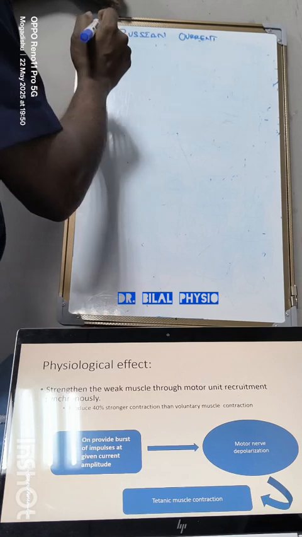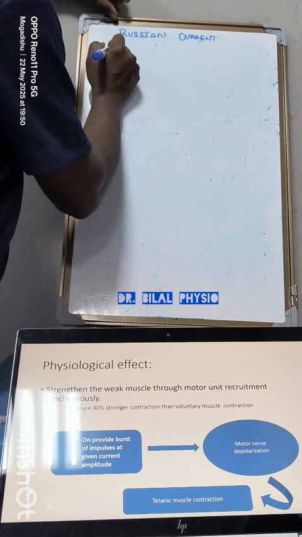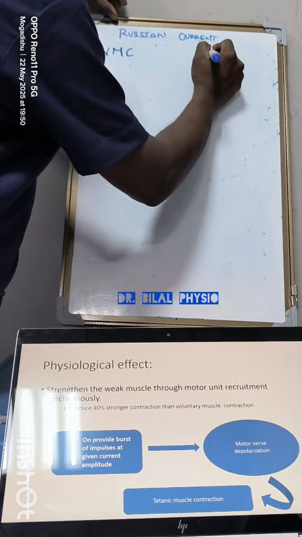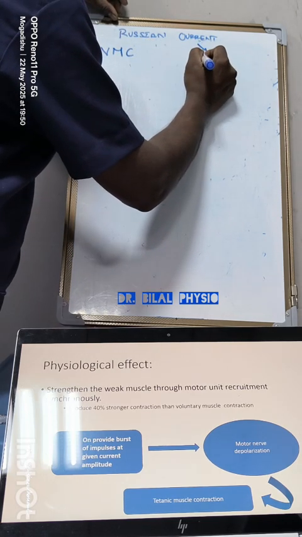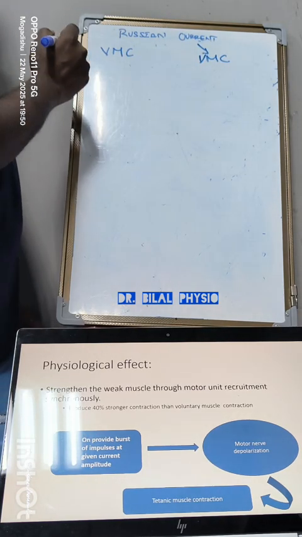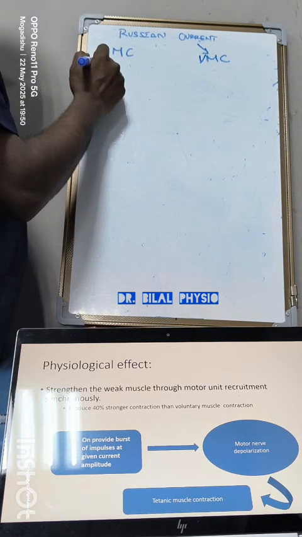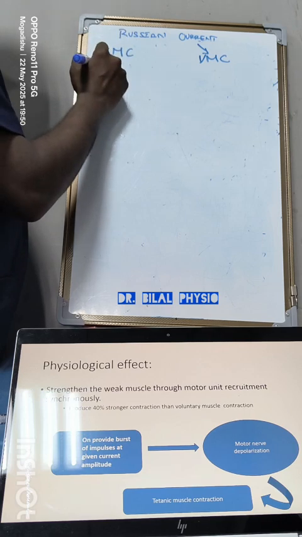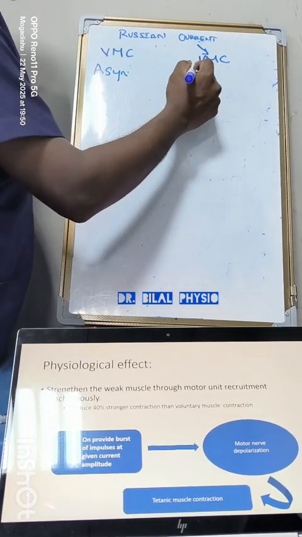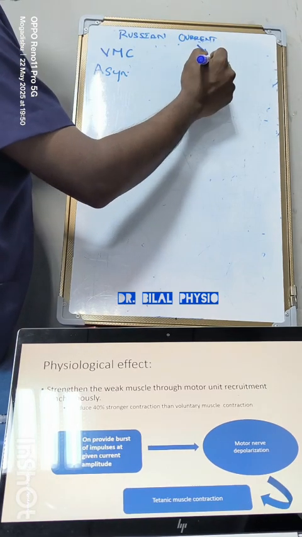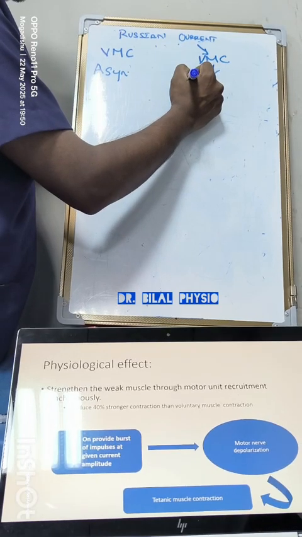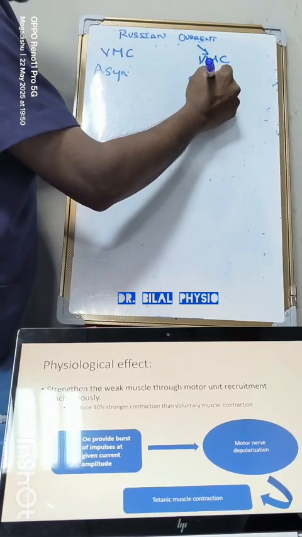So consider a normal voluntary muscle contraction and a Russian current induced muscle contraction. In a normal voluntary muscle contraction, the recruiting of muscle fibers is asynchronous, and in a Russian current induced contraction, the motor unit recruitment is synchronous.